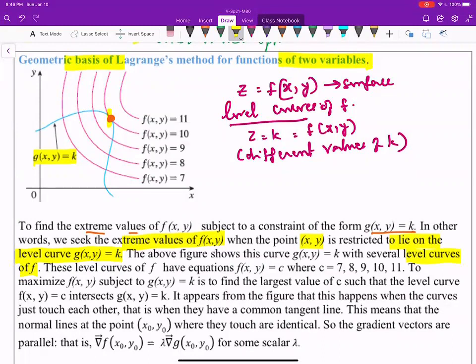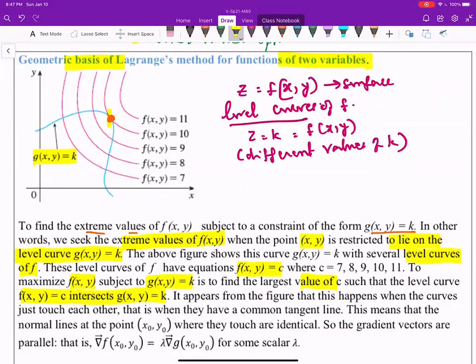These level curves of f have equations f of x, y equal to c. In the picture, c equals 7, 8, 9, 10, and 11. To maximize f of x, y subject to g of x, y equal to k is to find the largest value of c such that the level curve f of x, y equal to c intersects g of x, y equal to k.